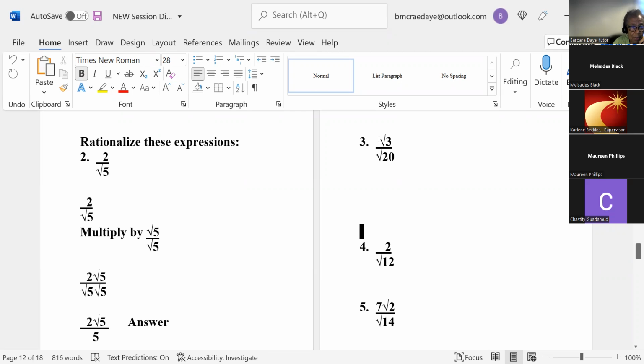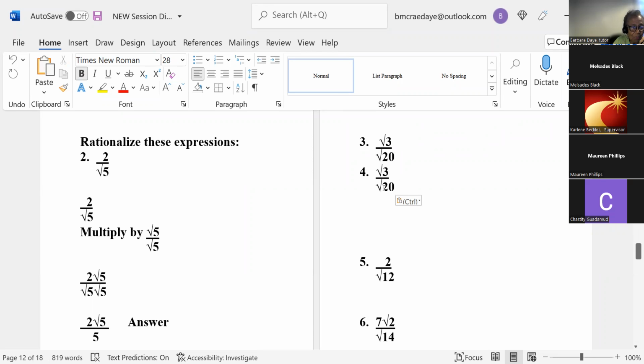I want you to finish this one. All right. Okay. Now the others we just straight out multiplied by the radical. But like I'm saying, some of them you sometimes have to make the denominator into 2 radicals in order to simplify it.